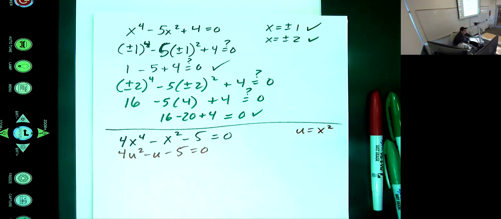If you find yourself spending more than a minute as you're trying to factor, that doesn't mean it doesn't factor, it means you haven't found it yet. You can go to the quadratic formula.